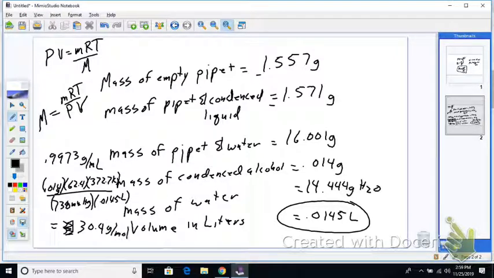The actual answer is whatever the formula for methanol is, CH3OH. So let's go ahead and calculate what the actual molar mass is.